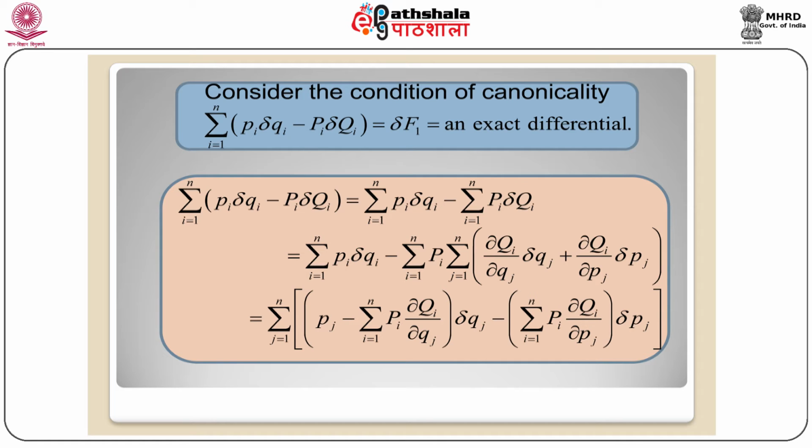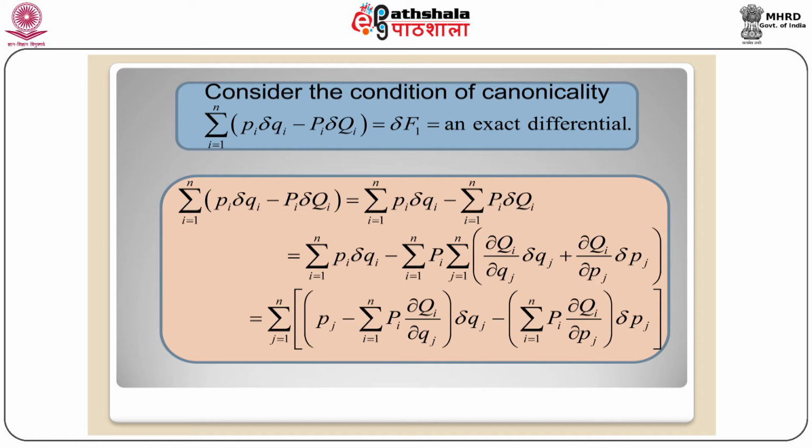These are in the old coordinate system, whereas Q, P are in the new coordinate system. This helps us to test the condition of canonicality in terms of q, p, Q, P, and also their time derivatives.